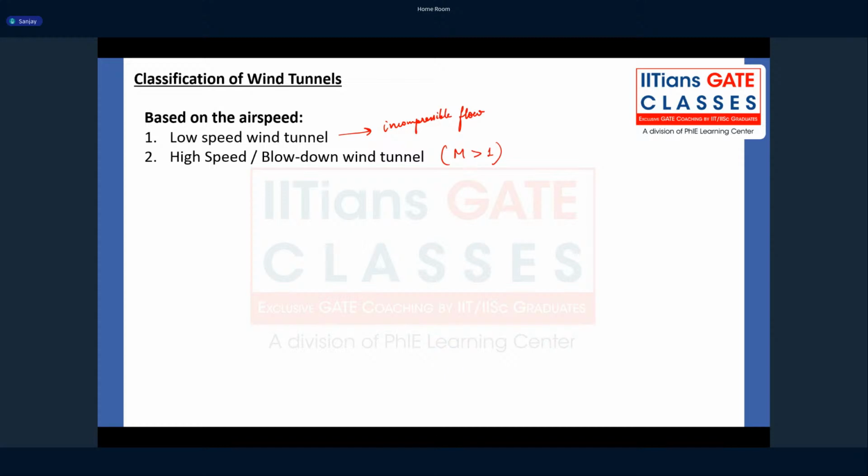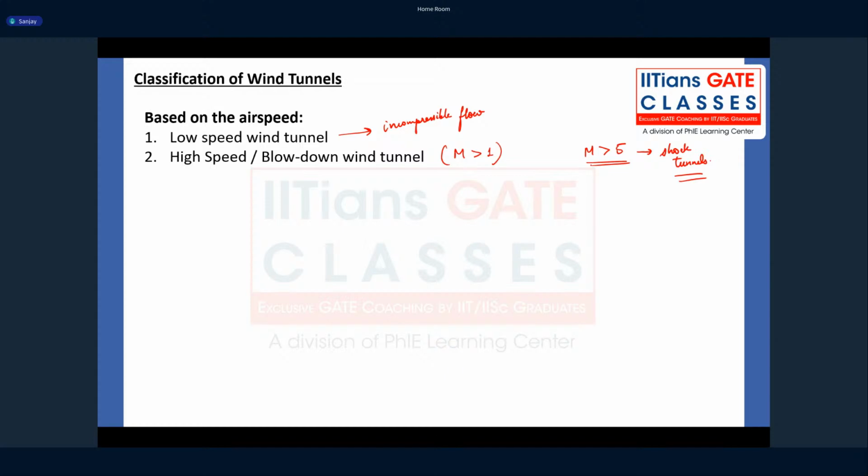We also have hypersonic wind tunnels where the free stream velocity can become hypersonic, where the Mach number can go beyond 5. Okay, so we also have wind tunnels which can simulate hypersonic flows and they are known as shock tunnels. They are also wind tunnels, but basically they use a different principle, so they are known as shock tunnels which can simulate hypersonic flow.